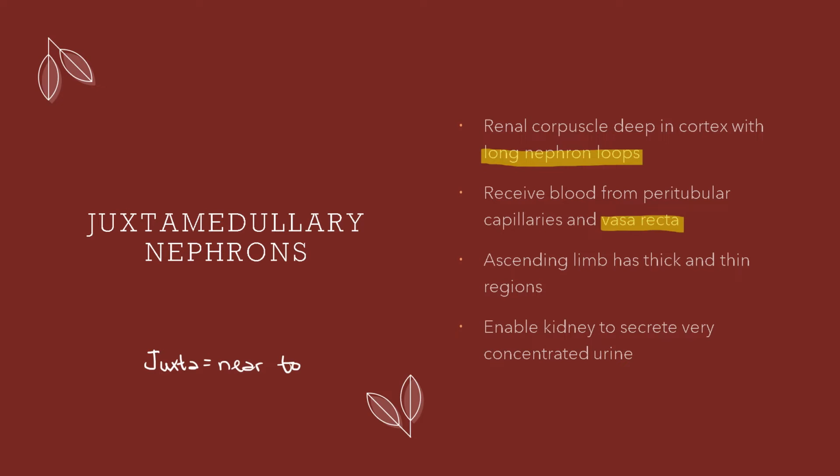Something different between the juxtamedullary nephrons and the cortical nephrons is that the juxtamedullary nephrons have thick and thin regions of their ascending limb of the loop of Henle. These nephrons also allow the kidney to excrete very concentrated urine, which is different than the cortical nephrons.